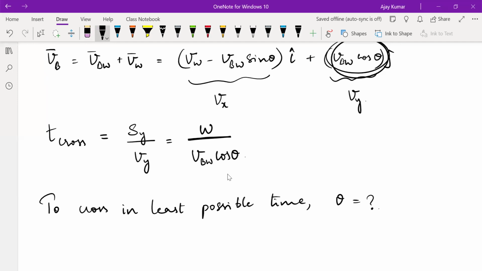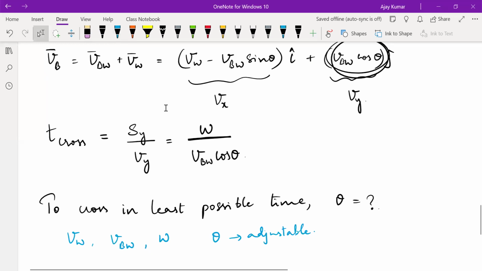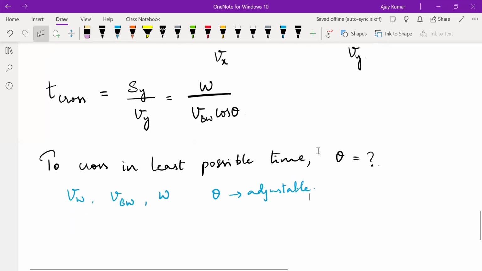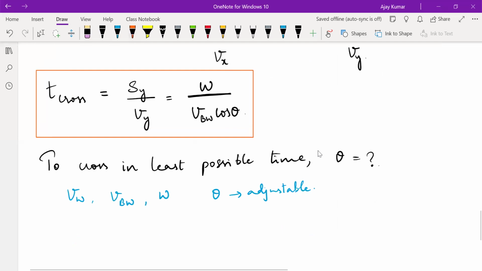That is the question. All other things are fixed. Speed of water is fixed, speed of boat with respect to water is fixed, and width of the river is also fixed. Theta is the only thing that is adjustable or variable. So what angle theta should be chosen to cross the river in the shortest possible time? The hint is in this formula. Think about it and answer, all of you.